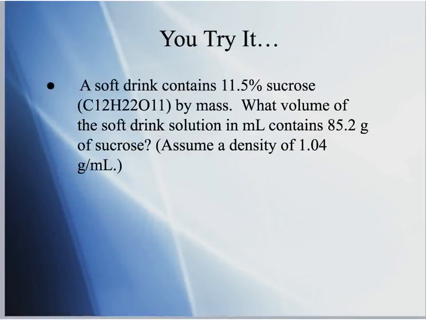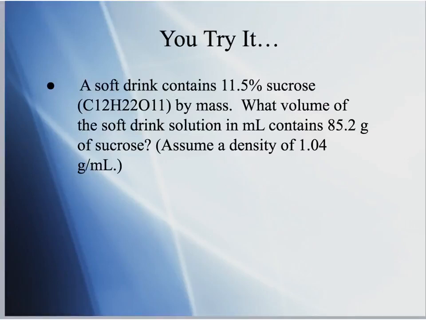All right, so here's another example that you guys are going to try. A soft drink contains 11.5% sucrose, C12H22O11, by mass. What volume of soft drink solution in milliliters contains 85.2 grams of sucrose?